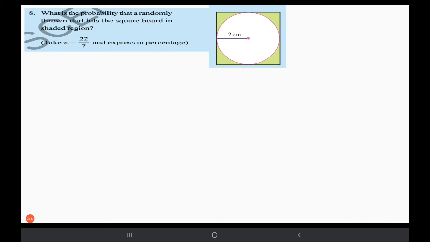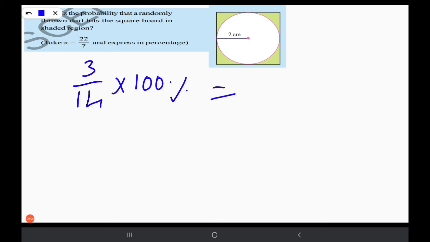So to convert into percentage, multiply 3 by 14 into 100 percentage. What it becomes? 300 percentage by 14.